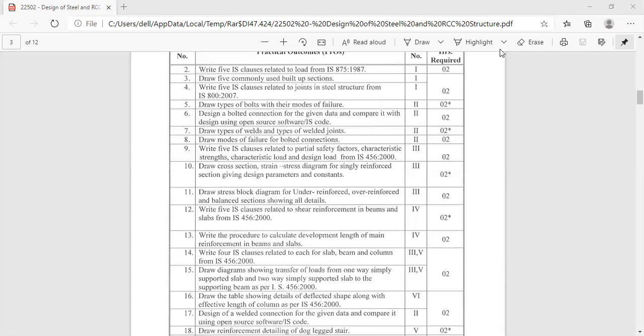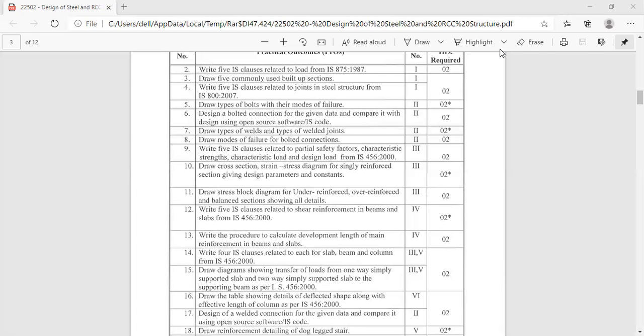And you, the student, have to understand the failure nature and draw the types of bolts and modes of failure in a sketchbook, and write down the question answers which are asked in the manual. We write down the minimum 3 questions which are listed.